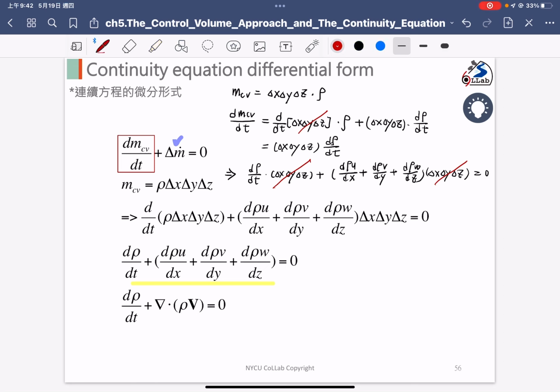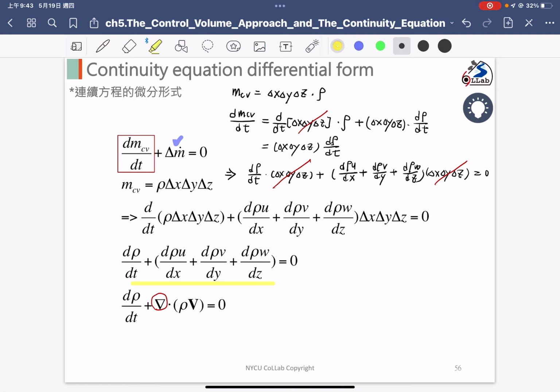And we know that the second item can also be rewritten as the differential operator dot product with the ρV vector.